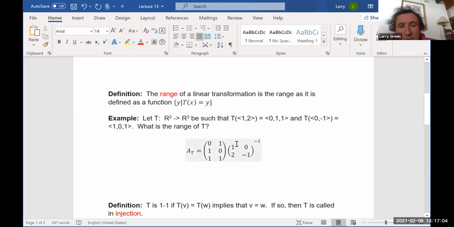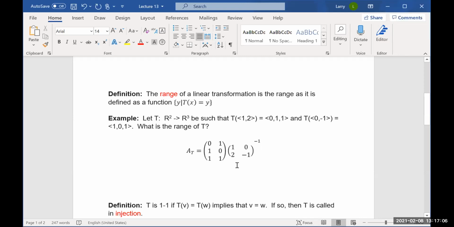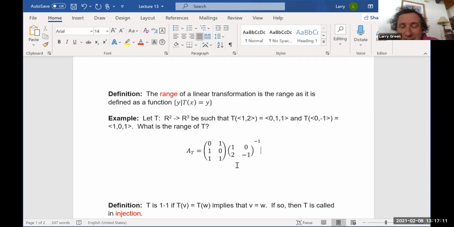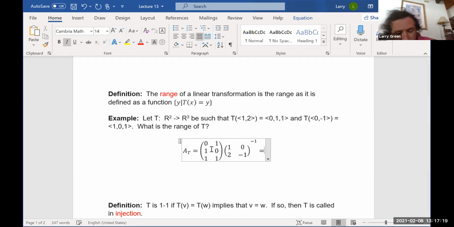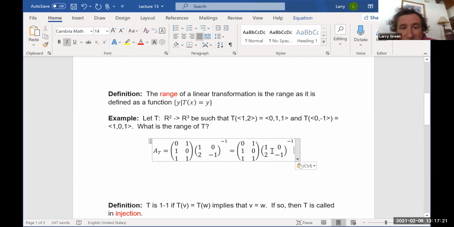First thing, is it invertible? Yes. The determinant's non-zero. Exactly. The determinant is -1. Nice, easy determinant. So now we can actually calculate this. And this inverse now will be, first thing, the determinant is -1.